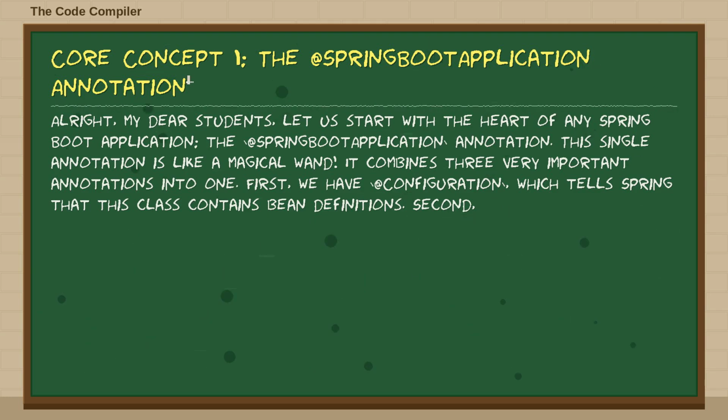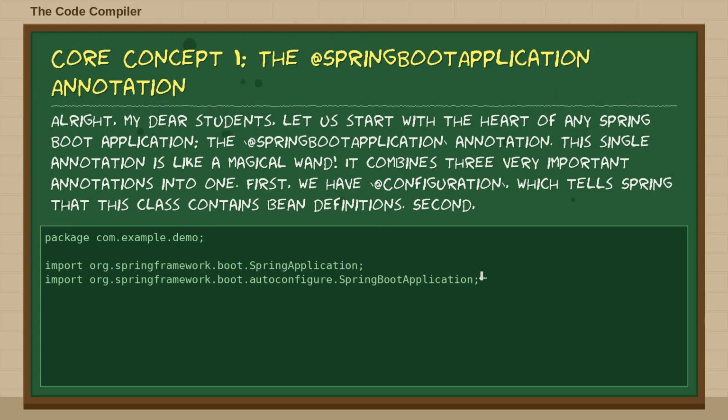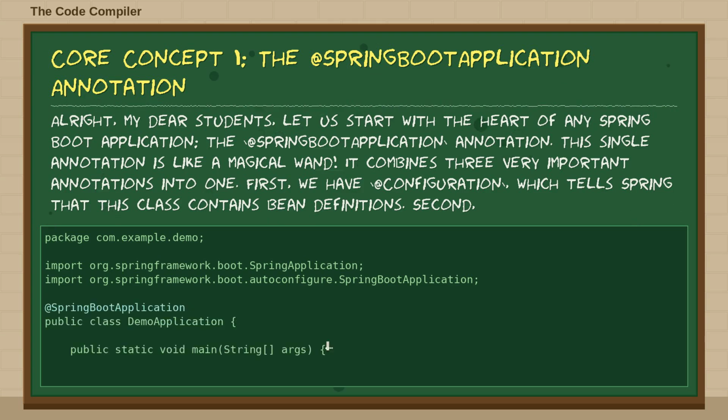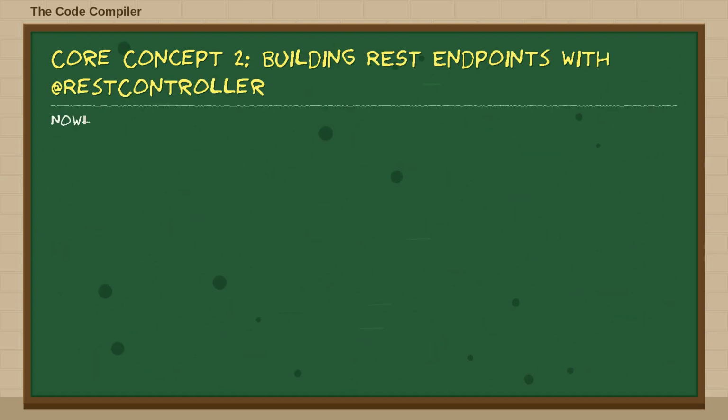So, by just adding @SpringBootApplication to your main class, you get all this power without writing tons of configuration extensible markup language or Java code. Very simple, isn't it? Now that our application can start up, how do we make it respond to web requests?